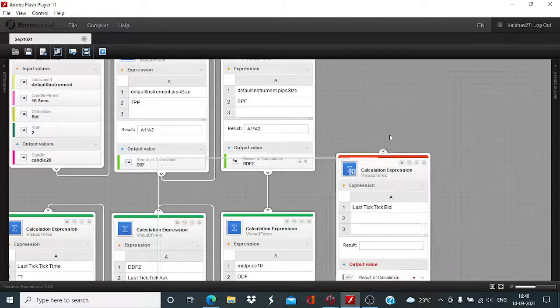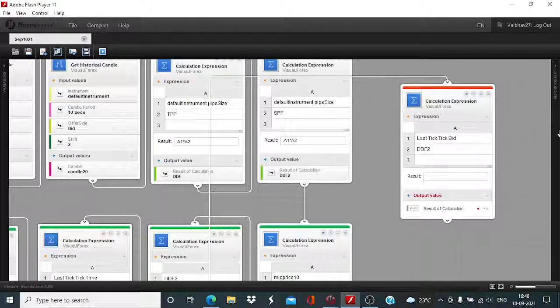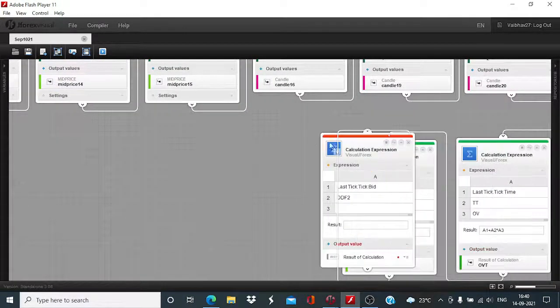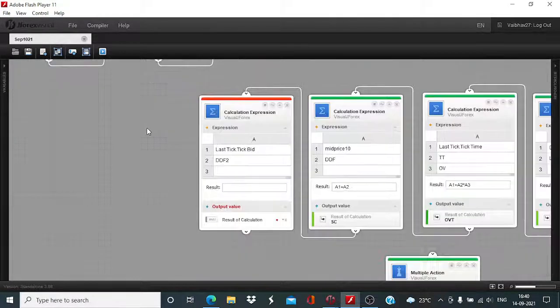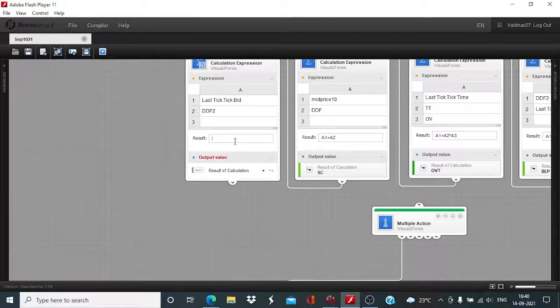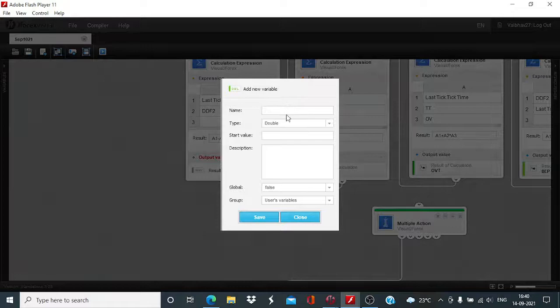We had defined 5 pips in this calculation. It is going to be A1 minus A2, sale execution price.